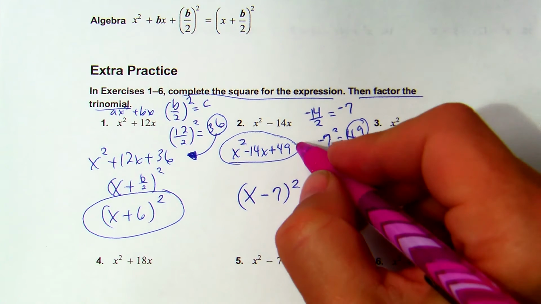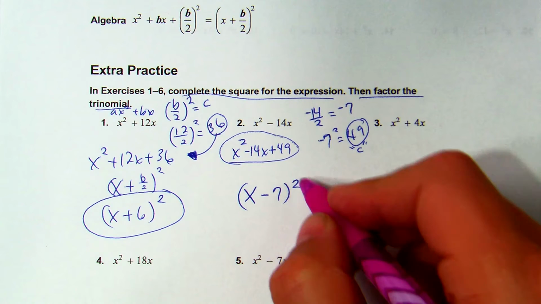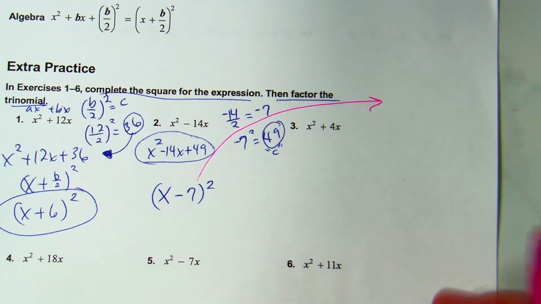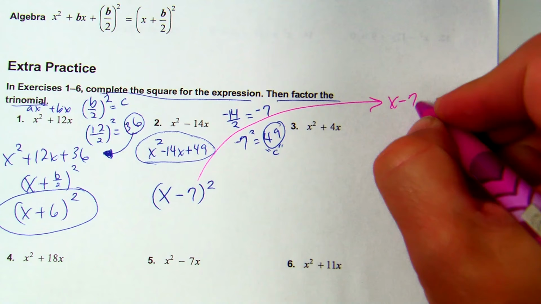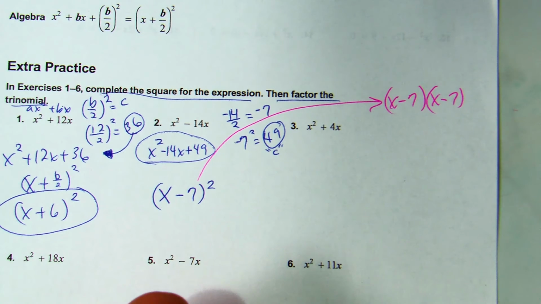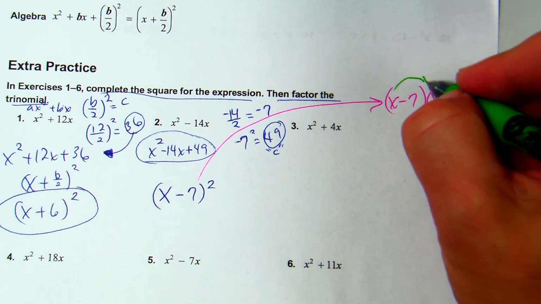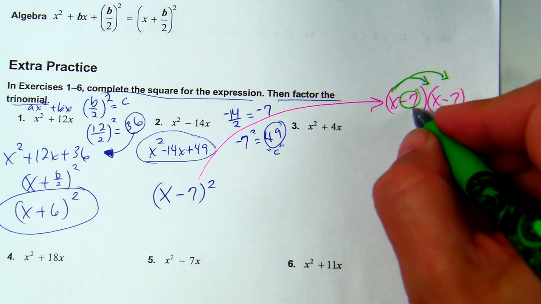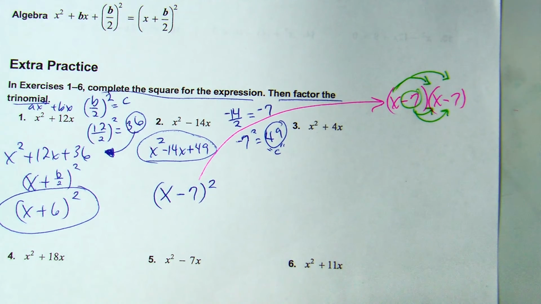So if I took this right here, and I'm going to pull this out over to the side, okay? Let's take x minus 7 times x minus 7. I know that I'm going to just distribute this into both terms on the other side.